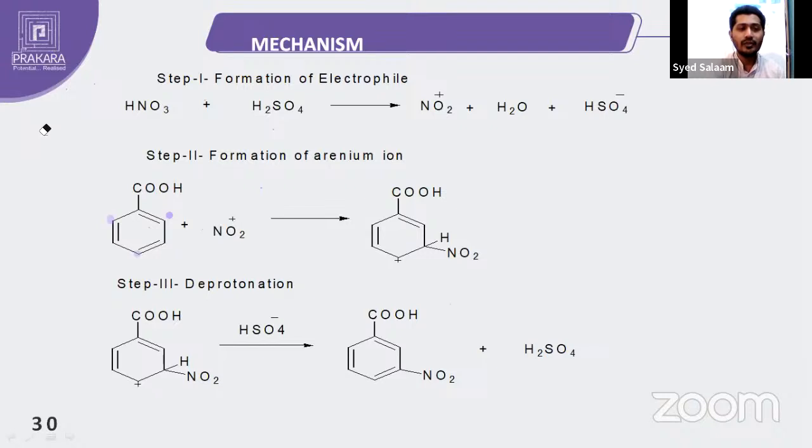The available position for the nitro is meta, so it will attack the meta position. Formation of the arenium ion happens here, and this arenium ion will undergo deprotonation to give us the nitro substituted benzoic acid, that is 3-nitro benzoic acid.